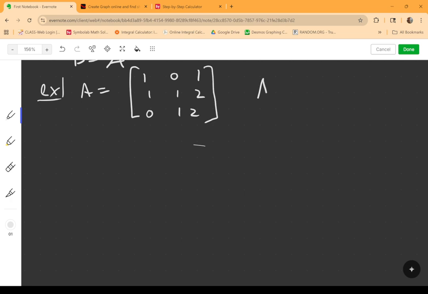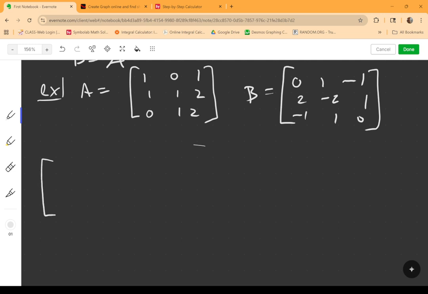And then call it B for now. B is the matrix 0, 1, negative 1, 2, negative 2, 1, and negative 1, 1, 0. I want to determine whether B is an inverse of A, so we'll look at the products.